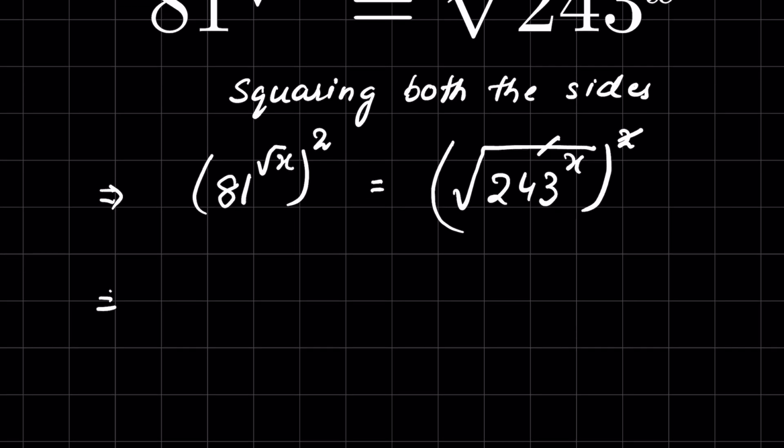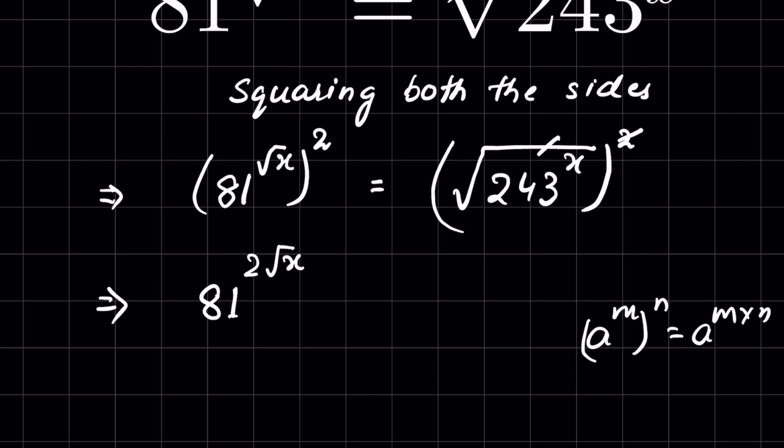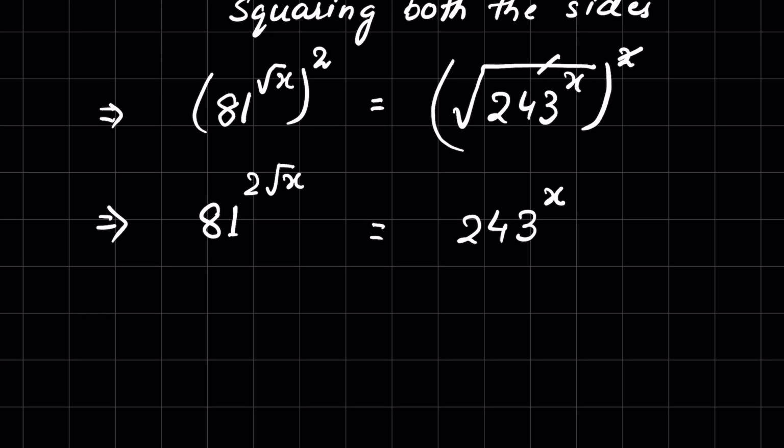Now remove the square root with the square, and on this side, when a raised to the power m whole raised to the power n, this is equal to a raised to the power m times n. So this will be 81 raised to the power of 2 times square root of x. This side, 243 raised to the power of x.